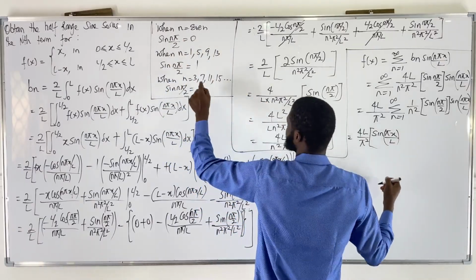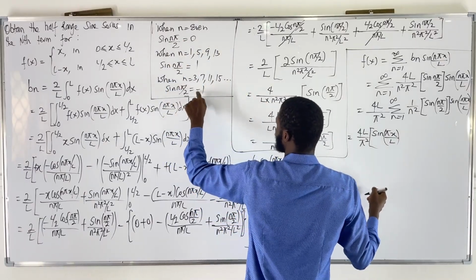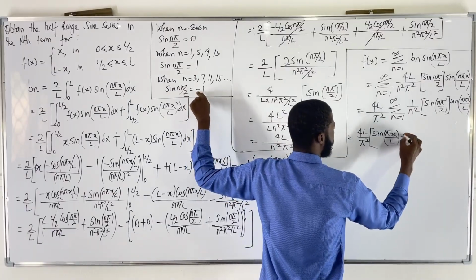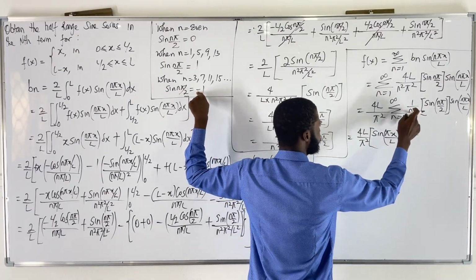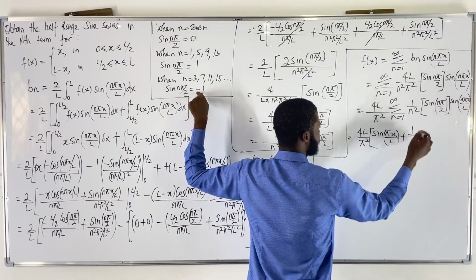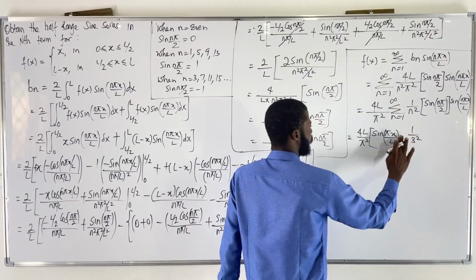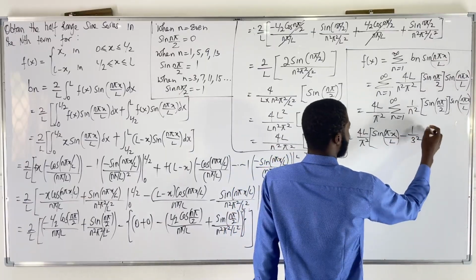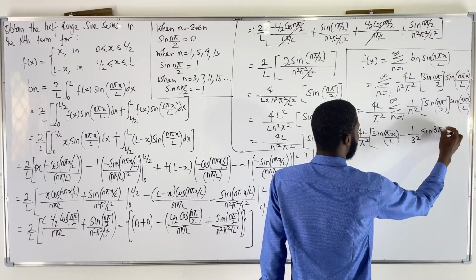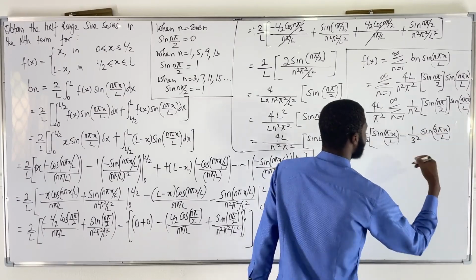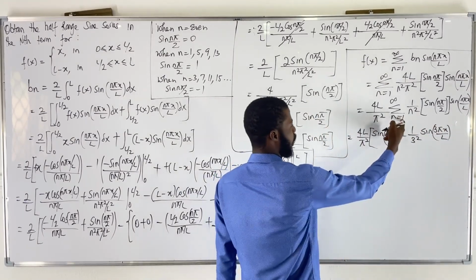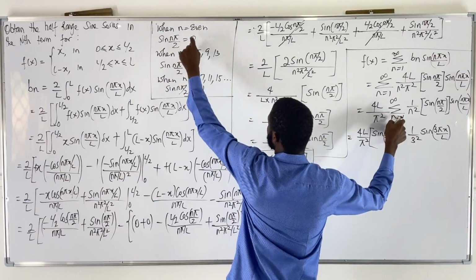So let's go to 3. When n is 3, we're going to be getting minus 1. So this will become plus 1 over 3 squared, but this is minus 1, so let me just put this plus as minus. Then this will be sine 3 pi x over L. Next will be 4, but 4 is not going to work out because 4 is an even number, so this will be 0.